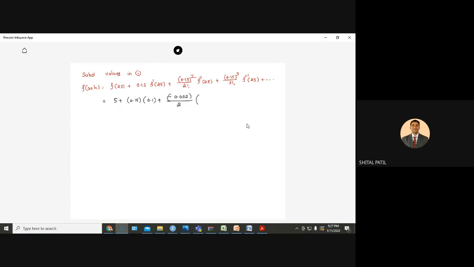I think I have made a mistake. Numerator will be 0.15 square. Sorry. You leave this part. Better I'll write it once again. Three factorial is 6. Find the answer. See whether your answer is like this.